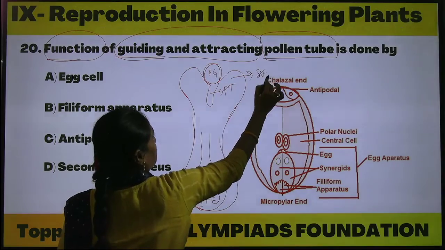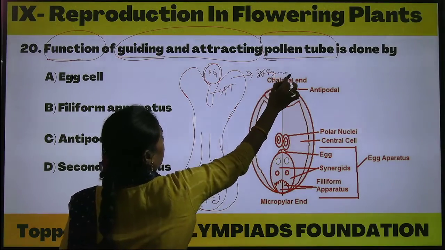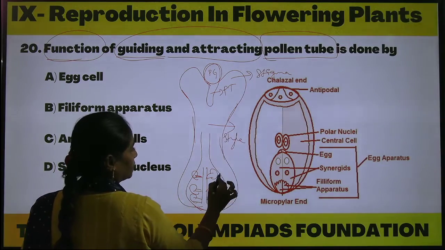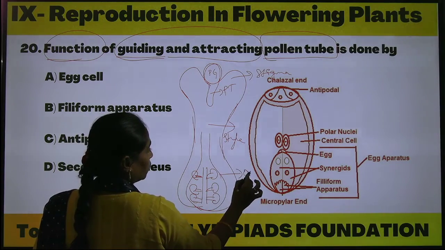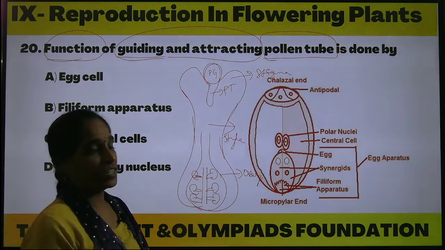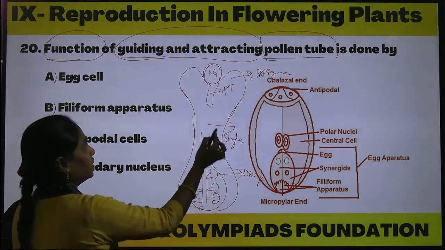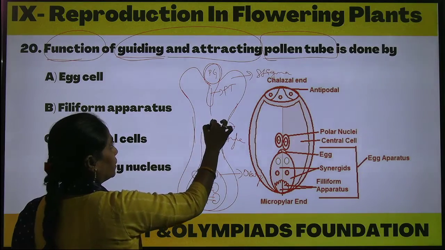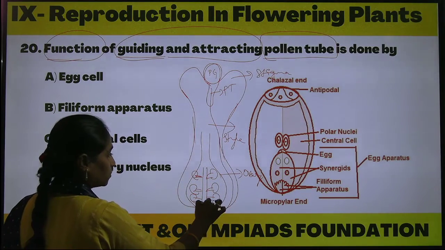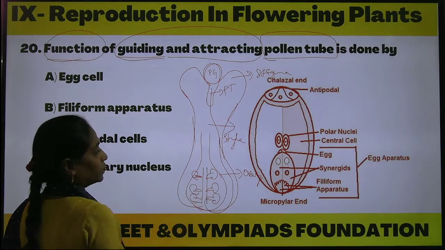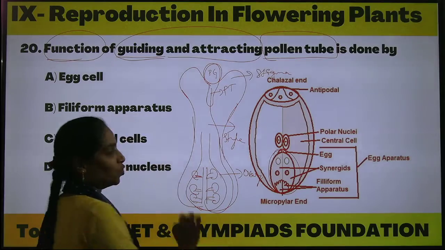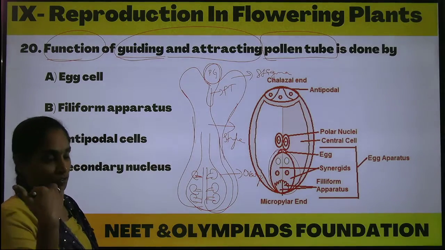This is the stigma, this is the style and this is the ovary. Yes, ovary we can say, pistil we can say, or carpel also we can say, right? This pollen tube will arise into any one of the ovules and then enter the embryo sac within the ovule, and it fuses, okay?